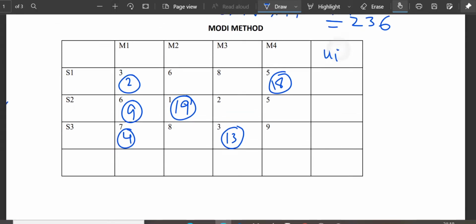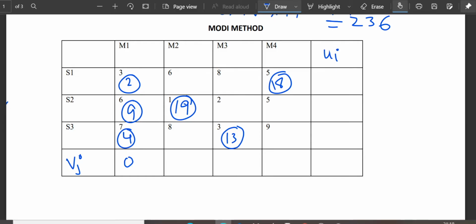For the MODI method, you all know that we need to calculate ui and vj. Wherever you want, you can put 0. I always recommend putting 0 corresponding to that row or column which has the maximum number of circles. You can see that M1 has 3 circles, so I put 0 over here, right?